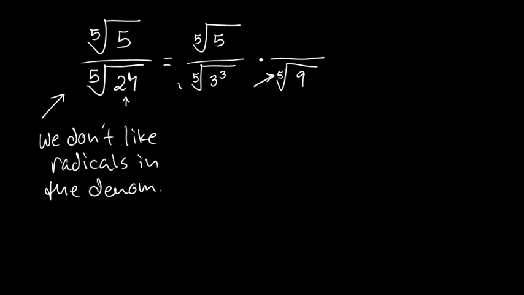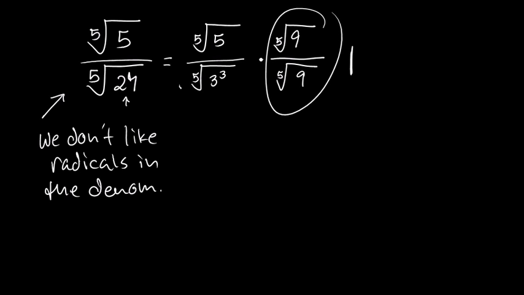So that index number needs to match, which if I take the 5th root, it is going to. And the identity property of multiplication tells me that if I have the 5th root of 9 over the 5th root of 9, I'm really just multiplying by 1.